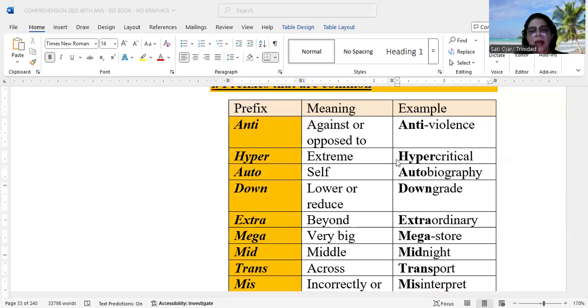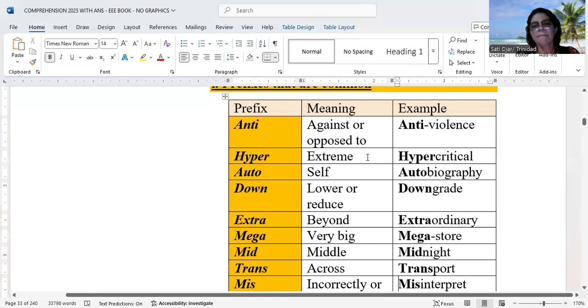Arik, what does hypercritical mean? Hyper means extreme. What does hypercritical mean? That you are extremely critical. Excellent. Right. Zane, can you do this one?